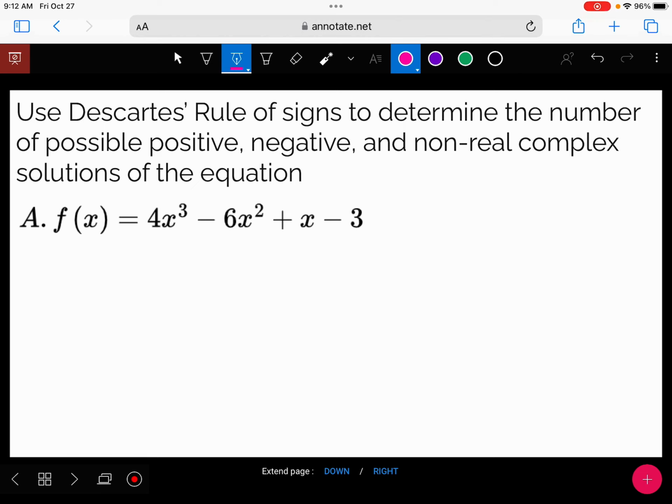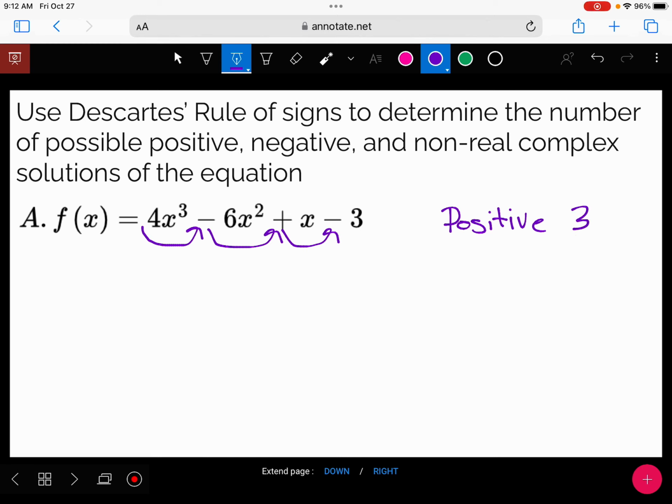So first things first is to figure out how many positive real roots we're going to have. From our function rule as we are given it, how many sign changes do we have? We have 1 here, 1 here, 1 here.